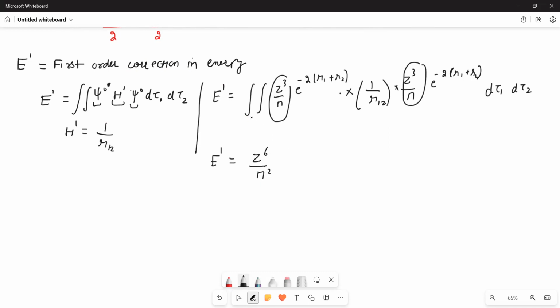We have two integrations. The first integration will be for the first electron, and the second will be for the second electron.